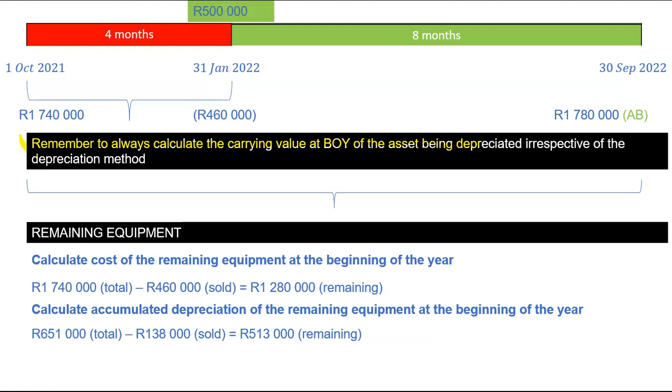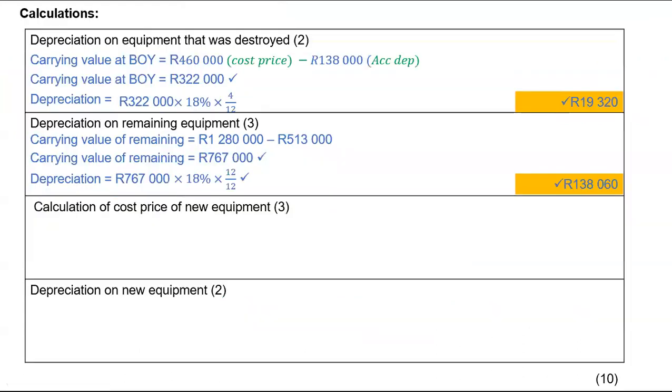Check out my videos on cash flow statement to learn more about this, and check my videos on depreciation as well. Now, I think that was the next question that asked us to calculate the cost price of the new equipment. So I took the balance at the beginning of the year, which was 1,740,000.